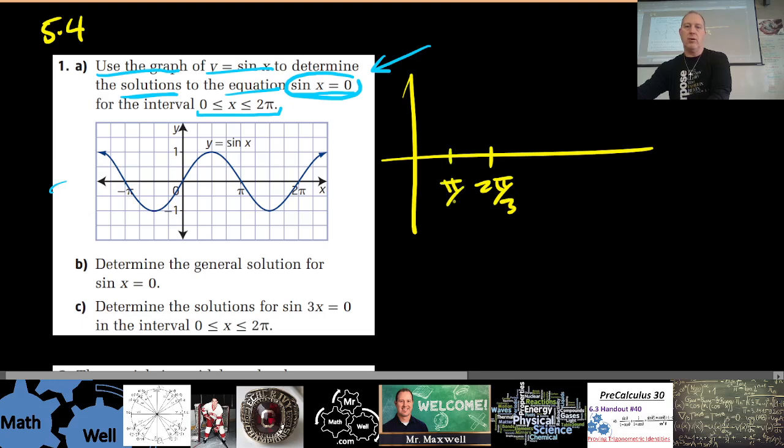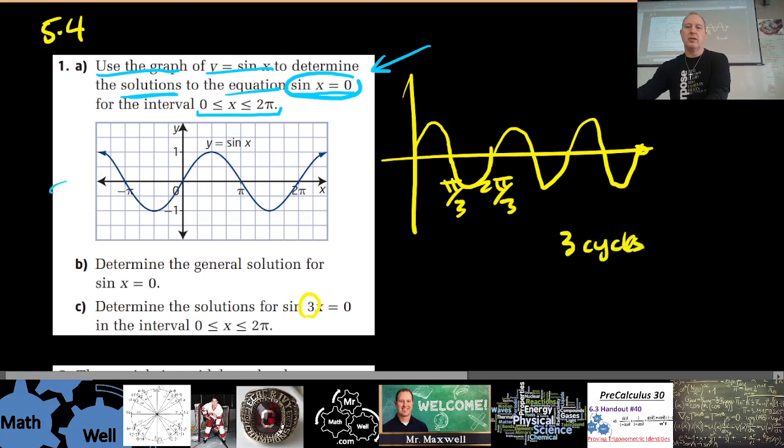This is 1 pi over 3, that's halfway through. So we're looking at something like this, right? That's 1, and there's going to be another 1, and there's going to be a third 1. Also, if b equals 3, that means there are 3 cycles in what would be one period for the regular sine graph. So there are 3 cycles in 2 pi, so this is 2 pi.